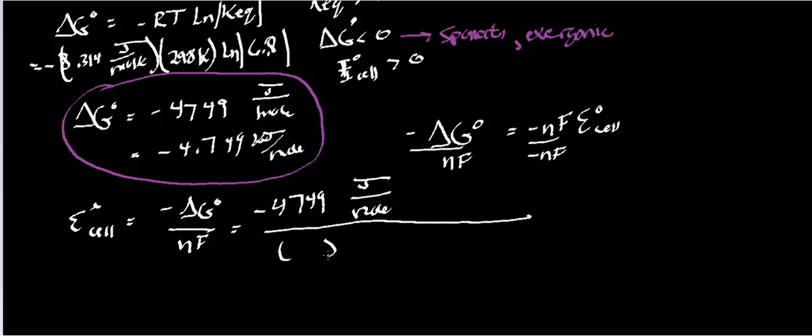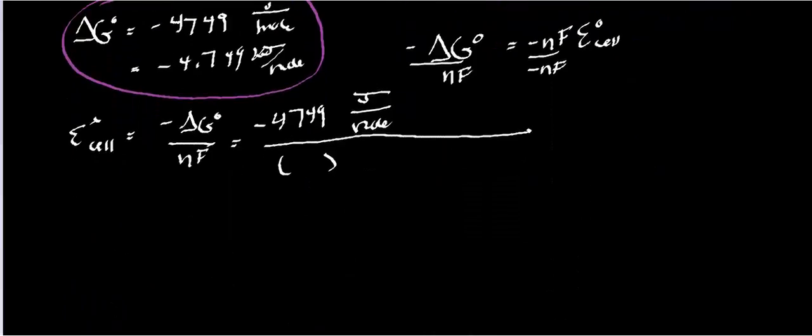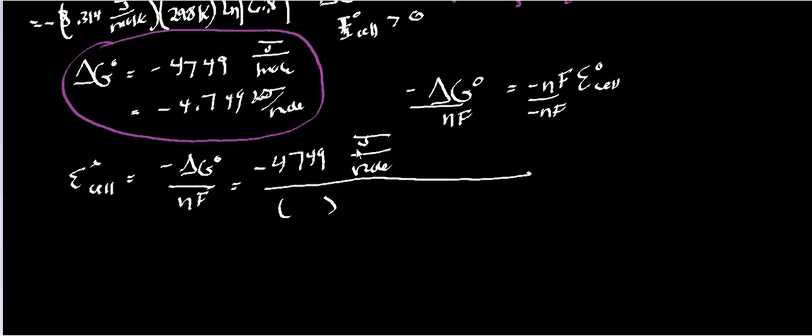Now, what is N? N in the Nernst equation is the number of electrons transferred. Well, between glutamate and alpha-ketoglutarate and aspartate and oxaloacetate, the number of electrons was 2 because we're losing a hydride in each of these reactions from glutamate. So the hydride actually ends up on a different molecule, but the 2 electrons were transferred, so this is going to be 2 moles of electrons.